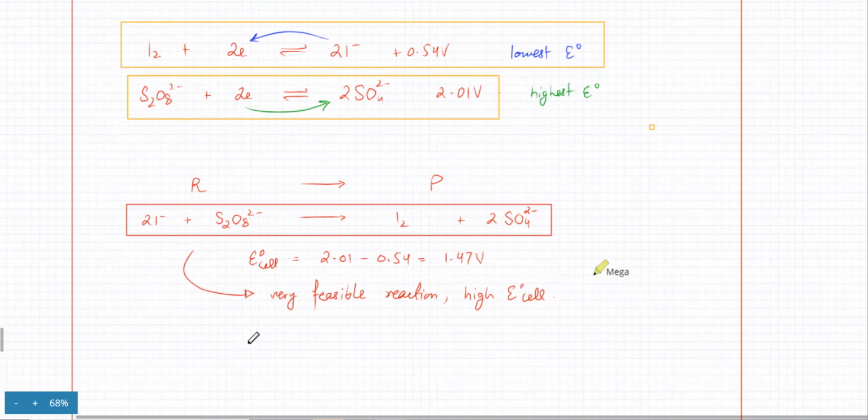The substance that likes to gain electrons really likes to gain electrons because it has a very high potential, and the substance that likes to lose electrons has a low potential. So they're going to do their job, and theoretically it has a high E naught cell, so the reaction is very feasible. But the reaction does not happen. This reaction has very high activation energy.